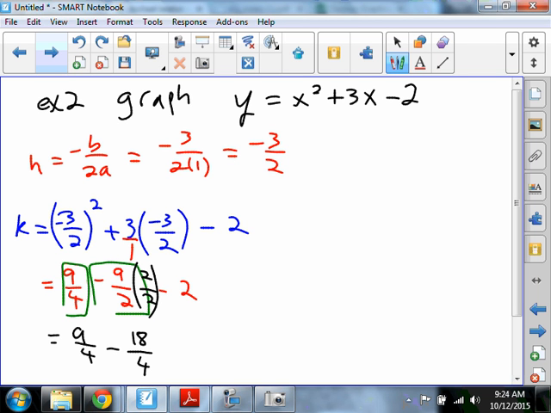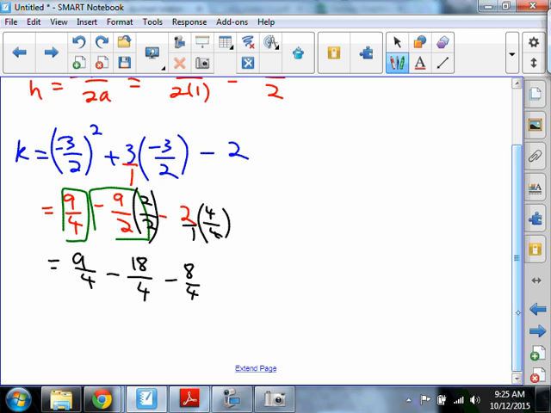Okay. What about the 2? I need to turn that into fourths. So I'm going to have to multiply 2 by 4/4. So that's going to make that minus 8/4. 9 minus 18 is negative 9/4. Take away 8/4.